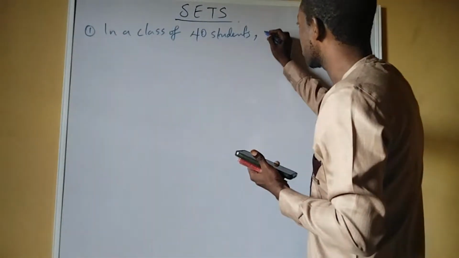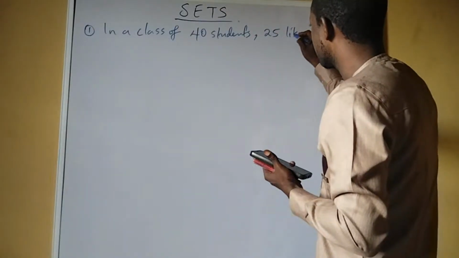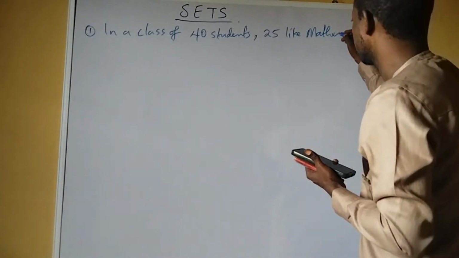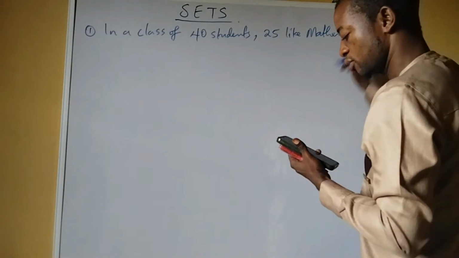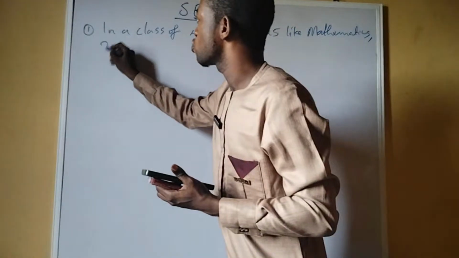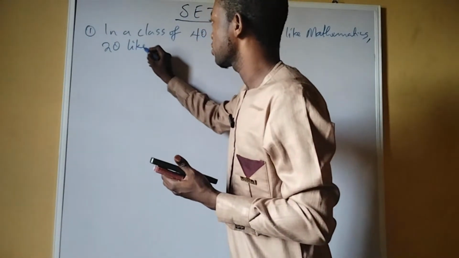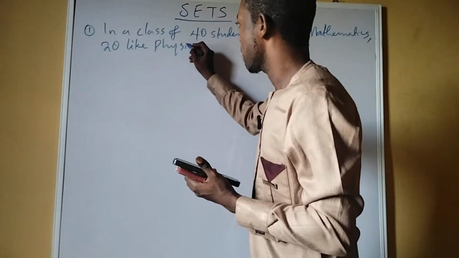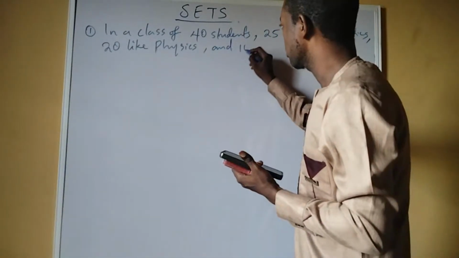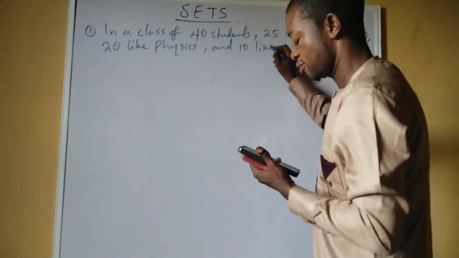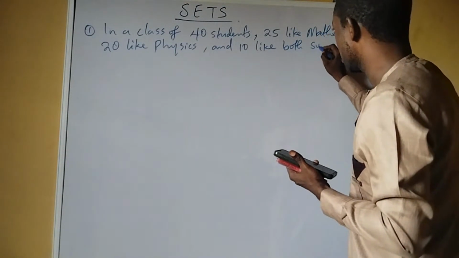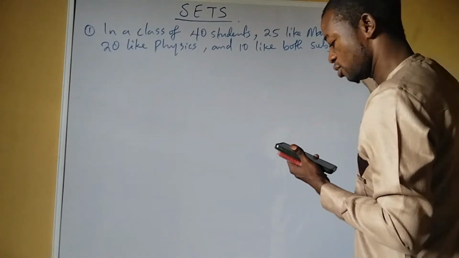25 like mathematics. 20 like physics. And 10 like both subjects.